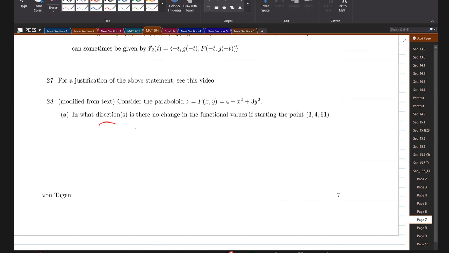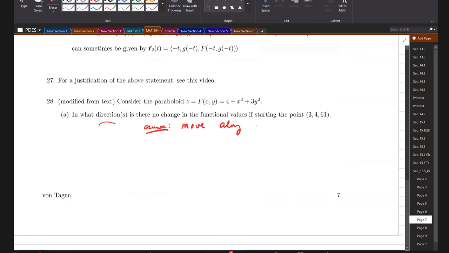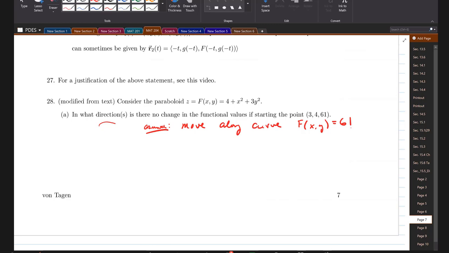So of course, the answer, in a not very helpful way, is to move along the curve f(x,y) equal to 61. If you keep moving along that curve, then your z values aren't going to change. But that doesn't really tell us what direction we're supposed to head in.